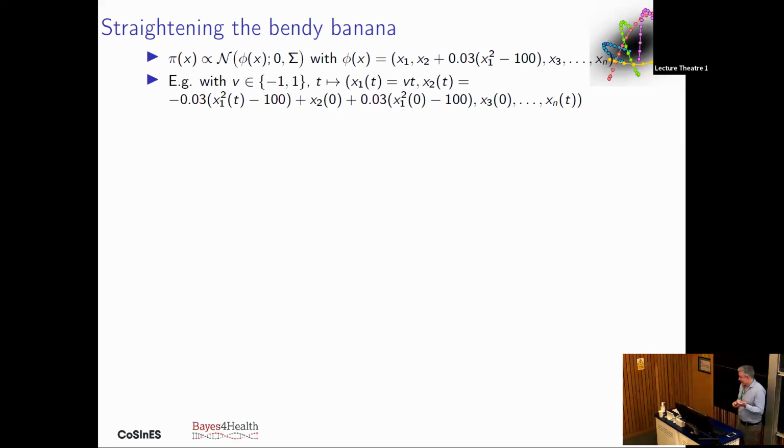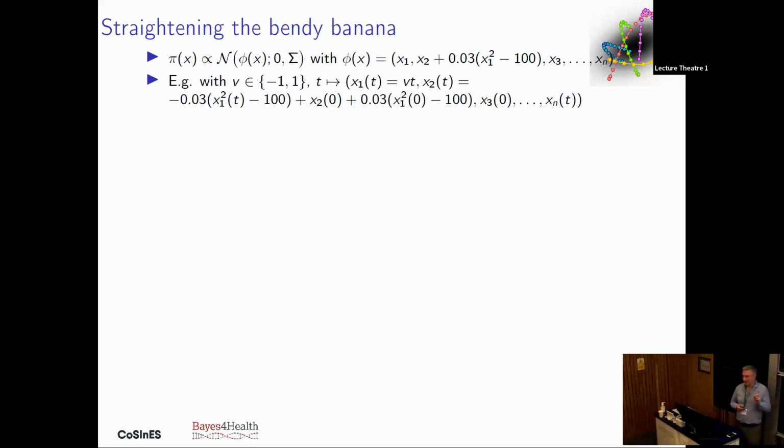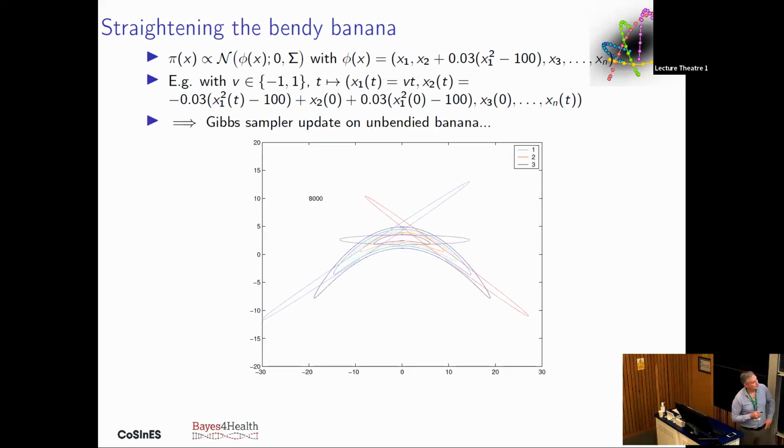Basically I'm reparametrizing because that's a simple example. But you can think of this as a kind of Gibbs sampler where I'm trying to update x1 independently of the other components, but on the initial Gaussian distribution. So I've somehow unbent the banana in this scenario.